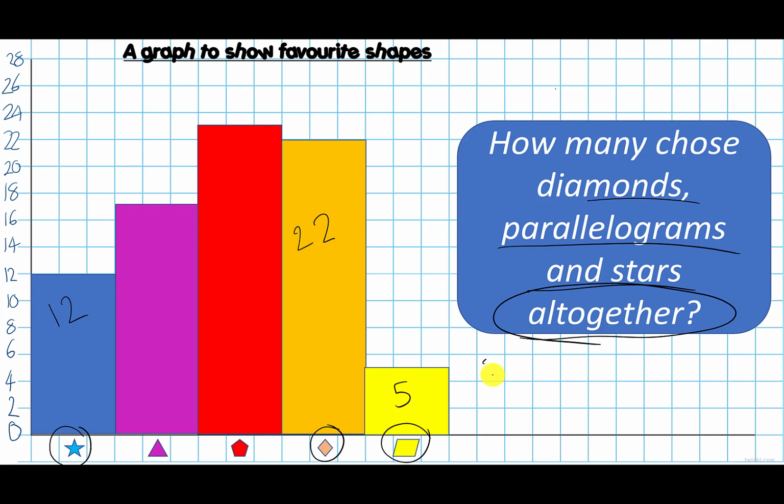So I would simply be adding my 3 numbers together. 12 and 22 is 34. Add my 5 is 39. So with this question, you need to add all of them together.